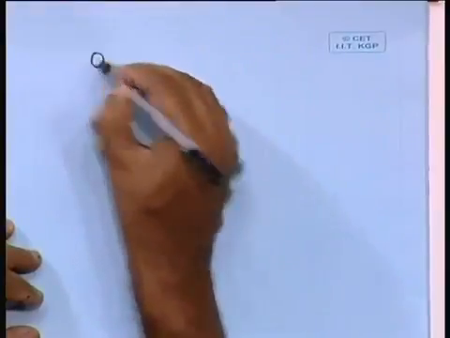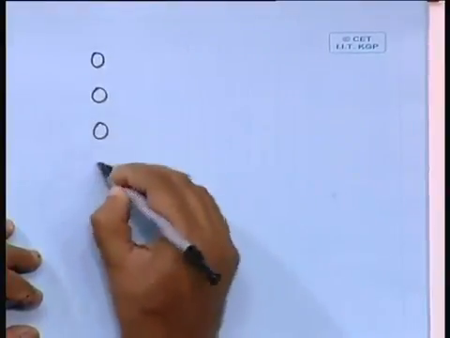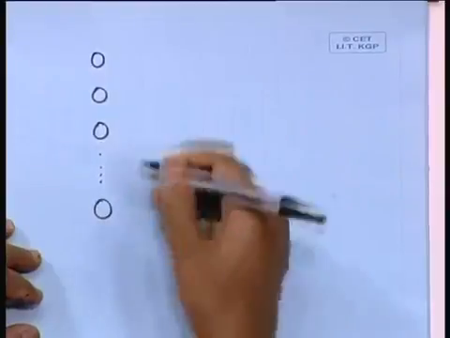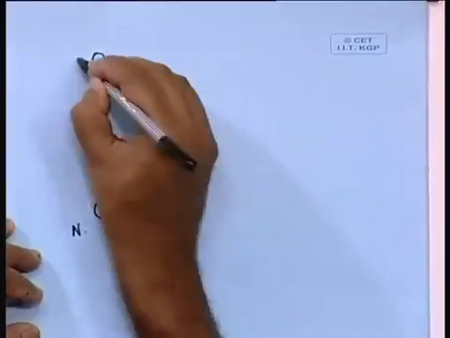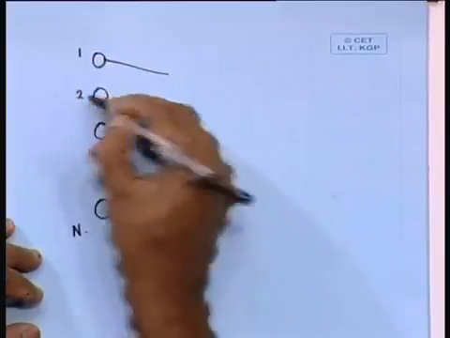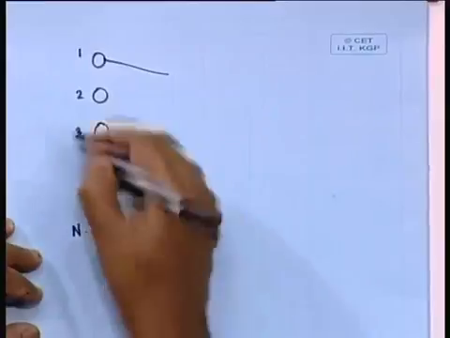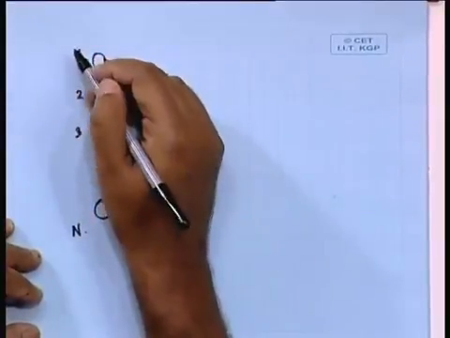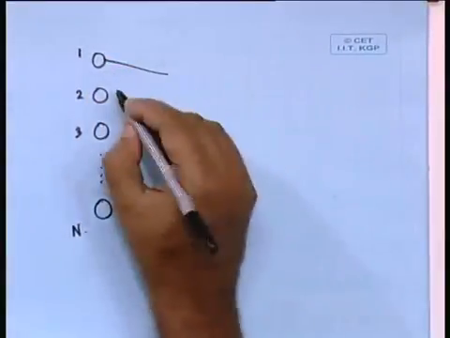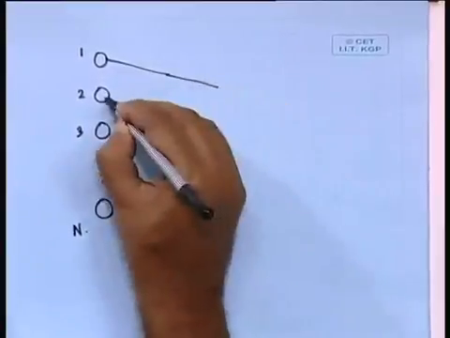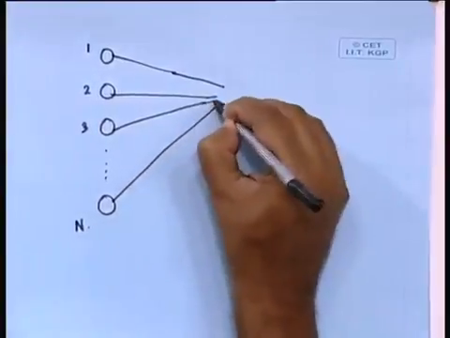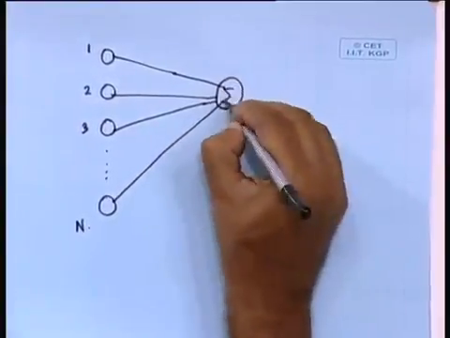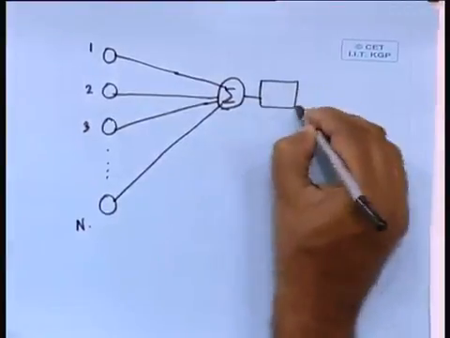Let us say that we are considering a network with n different inputs, and here we have the inputs 1, 2, 3. In fact, the inputs will normally be called x1, x2, x3 like that, going to the linearizer, activation unit and all that.